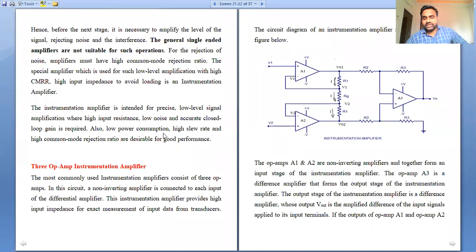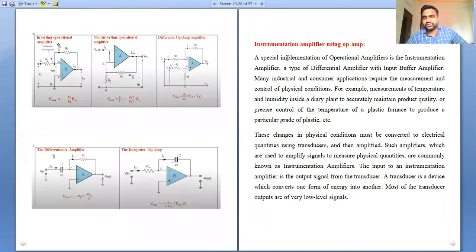In the last class we discussed operational amplifiers. The instrumentation amplifier is a special implementation of the operational amplifier. Here we don't use a single input type, as we did in the inverting type and the non-inverting type operational amplifier.